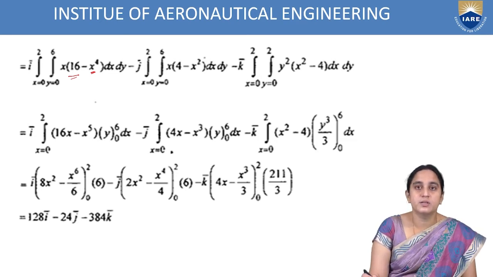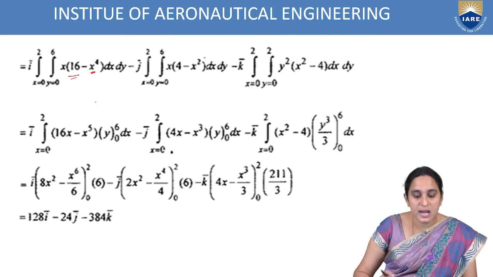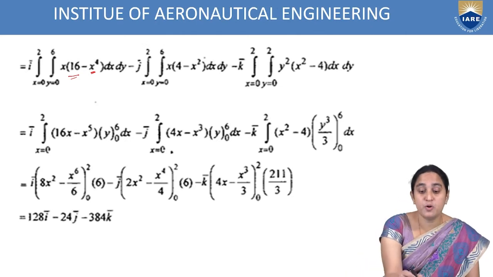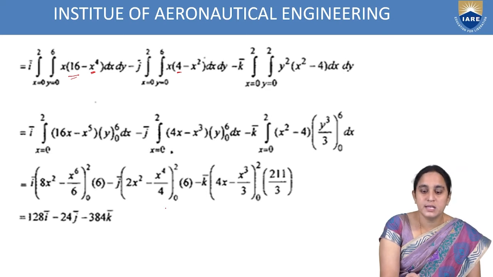minus j bar into integration of x is 0 to 2 and integration of y is equal to 0 to 6. Here the function is x and z limit points, upper point as 4 and the lower point as x square.